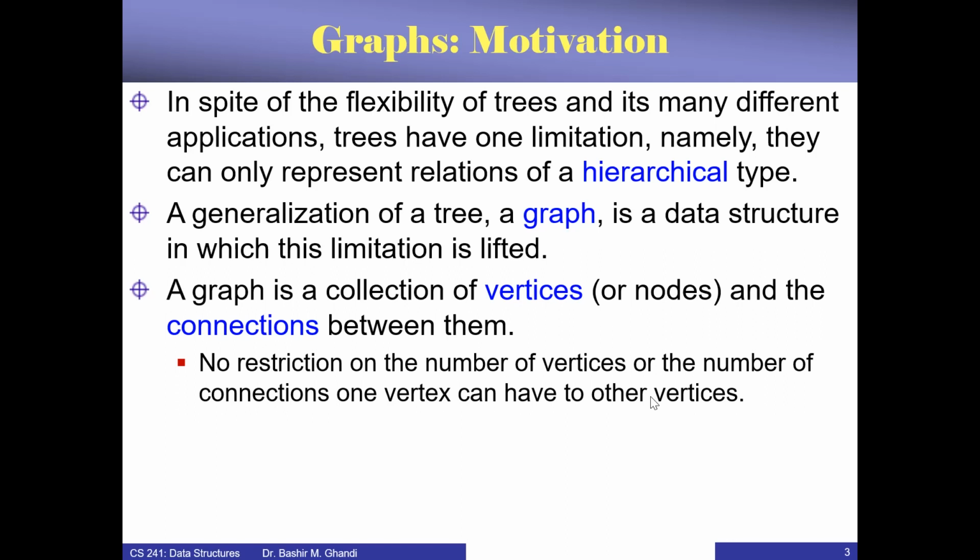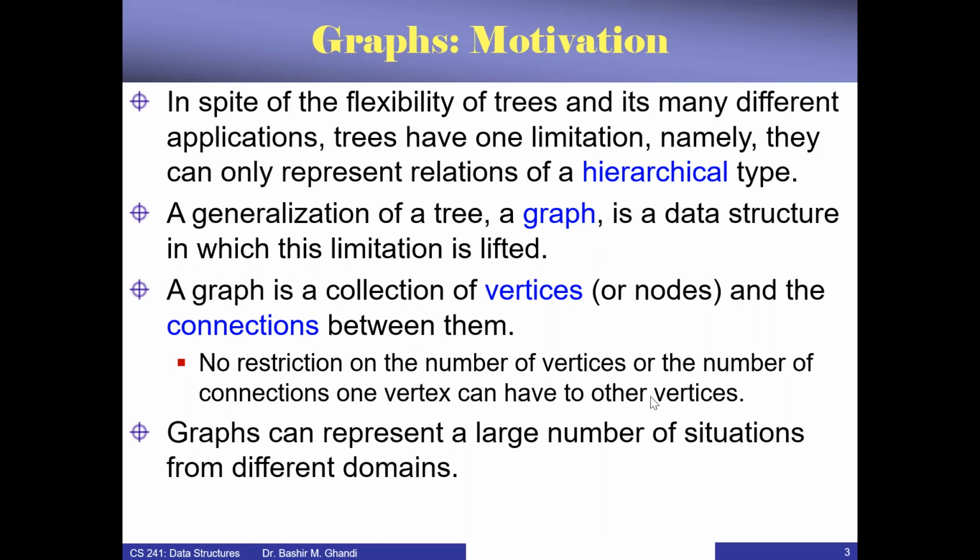But basically in trees, usually you will see that the connection is between parent to the children. But in the case of graph, the connection can be from any node to any other node, as we shall see shortly. And because of this, graphs can represent a large number of situations from different problem domains.